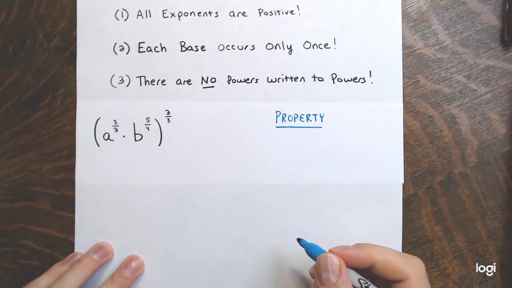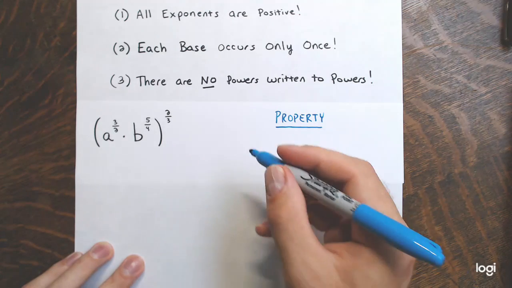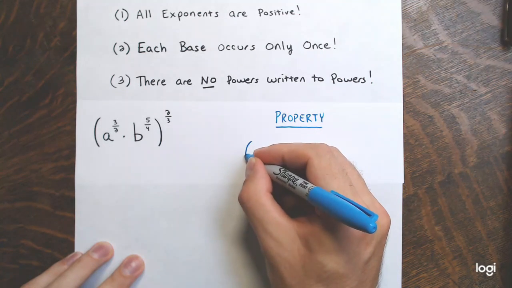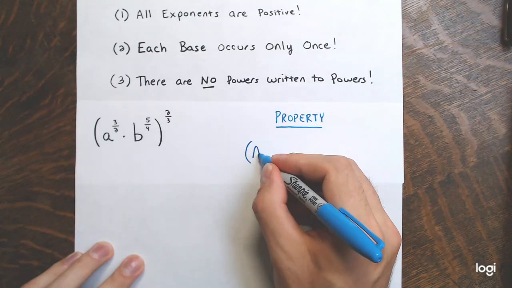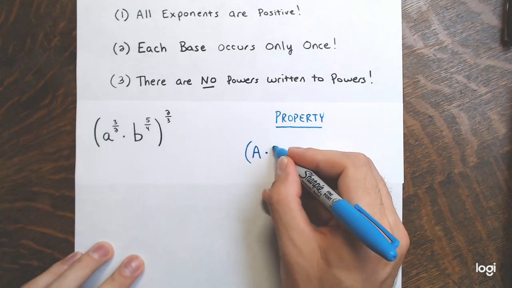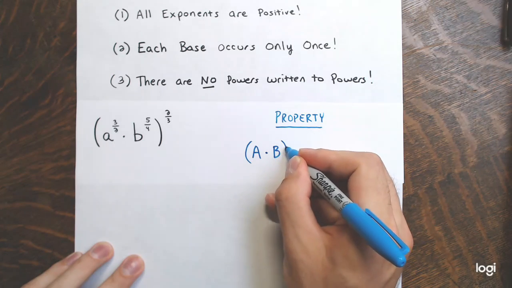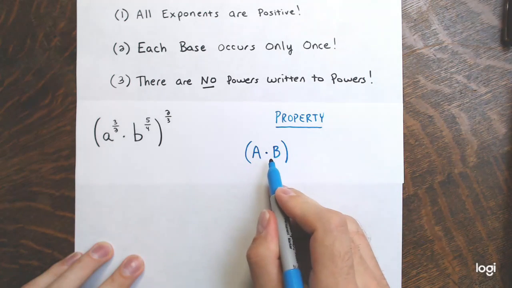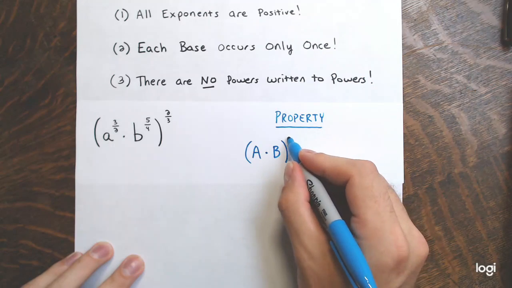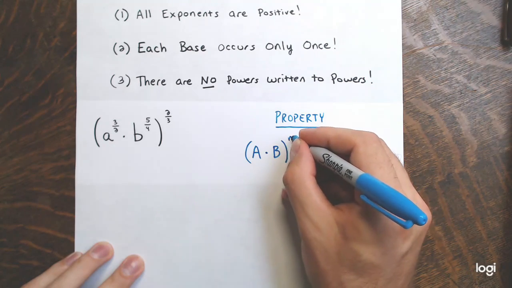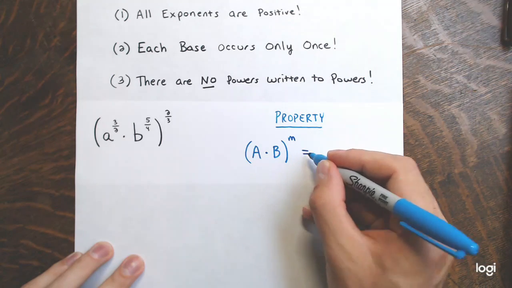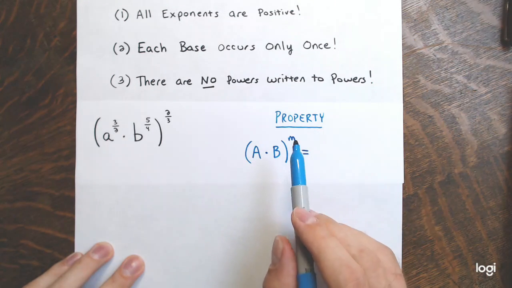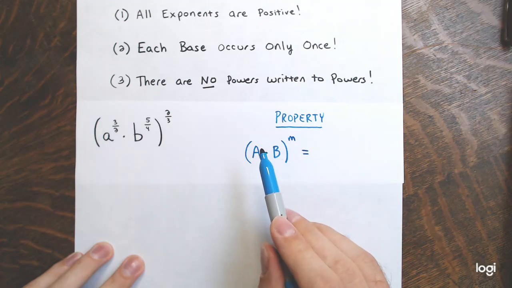When you have a product raised to a power, here is what you can do with that exponent. If I have, in parentheses, a product, say the number a times the number b, and this product is being raised to the mth power, some exponent, well then, this is equivalent to raising each factor to the mth.